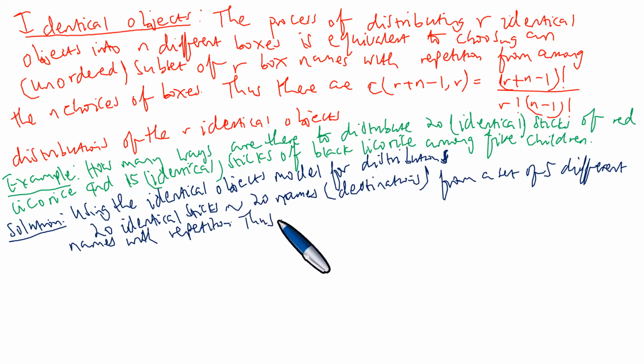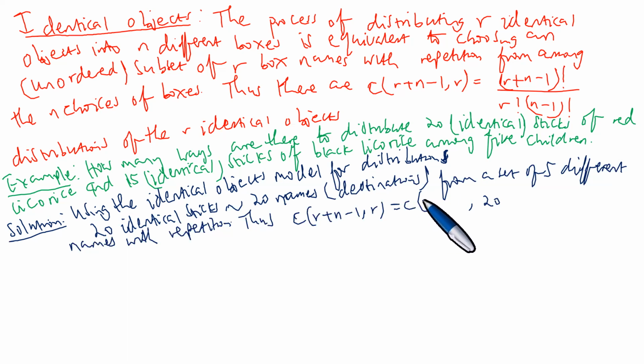Thus, how many ways can this be done? So if you use this formula, R plus N minus 1 choose R, what is R and what is N becomes the next question. Right, we are looking at the identical objects. So if we're looking at R identical objects, we have 20 identical sticks, and therefore R will be 20.